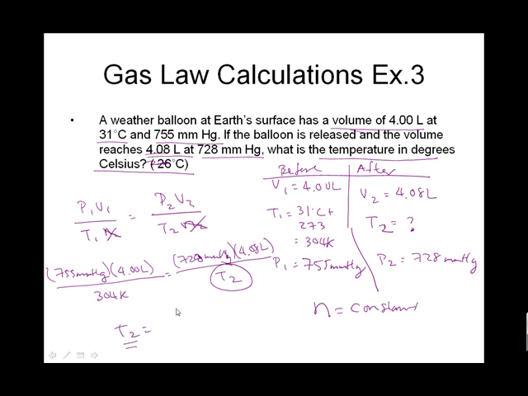So I'm going to cross multiply here, and I get 755 millimeters of Hg times 4.00 liters times T2 equals 728 millimeters of Hg times 4.08 liters times 304 K.